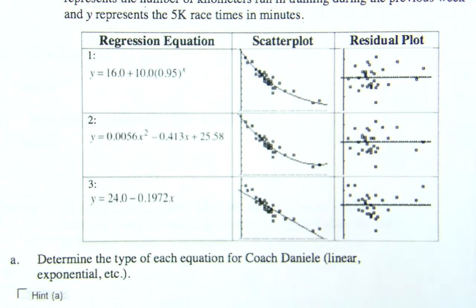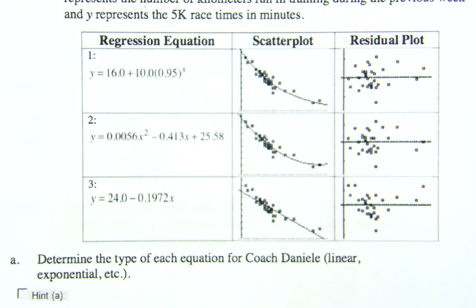So on the first one, it's y equals 16.0. The second one is 0.00566x squared. The third one is 24.0. And then hopefully you can see which one's which. So first of all, just looking at the three of them, the most obvious one should be the linear one.